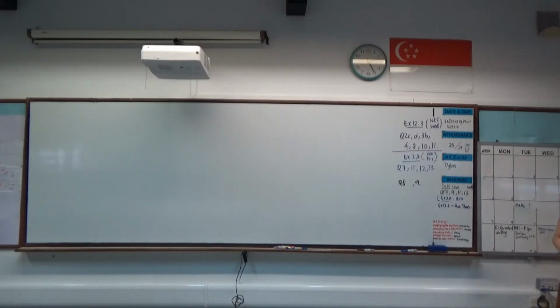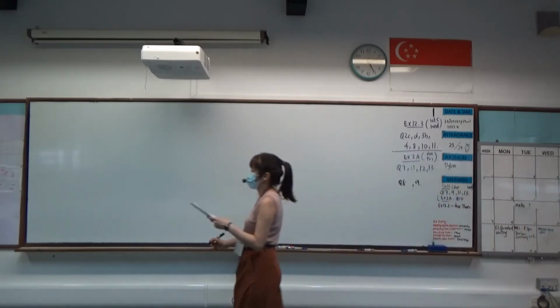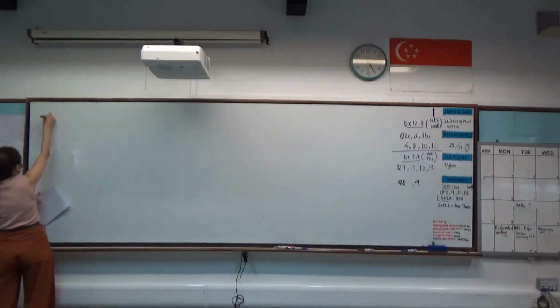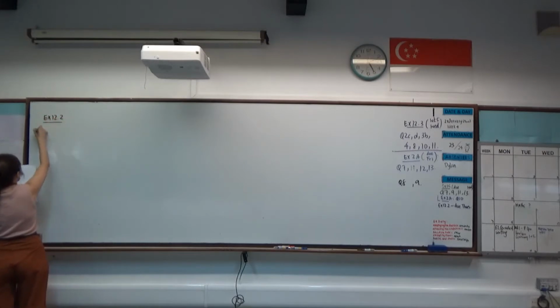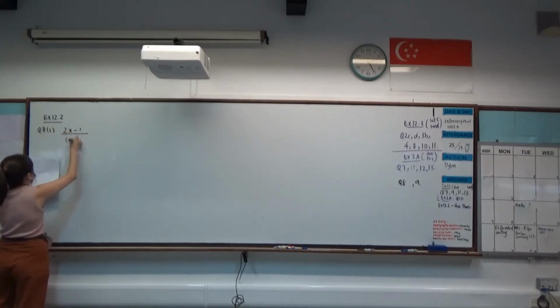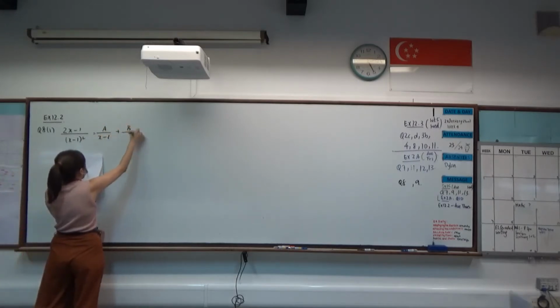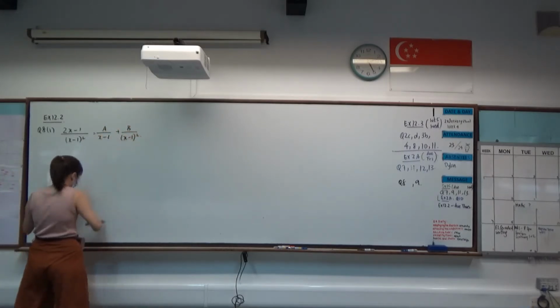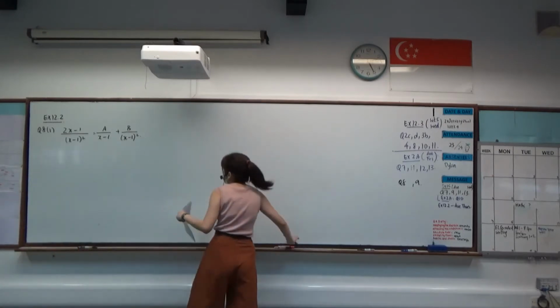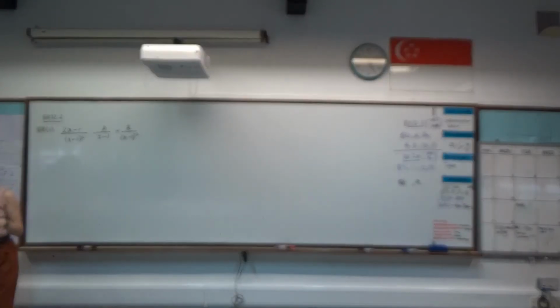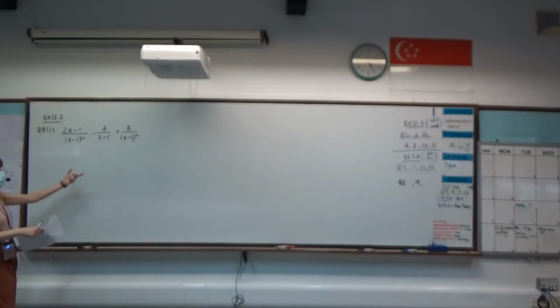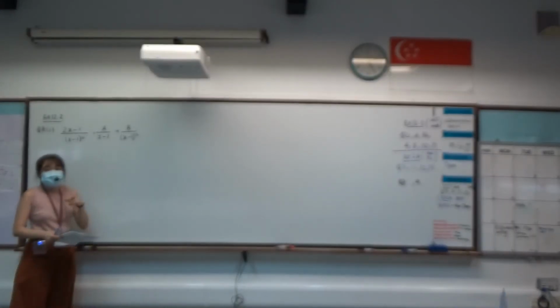Okay, let's look at question 8 first. Exercise 12.2. So in part I, you are required to find out the value of A and B. This question itself already lent you a helping hand by telling you to give it in this form. It is not all the time that they will say it this way.